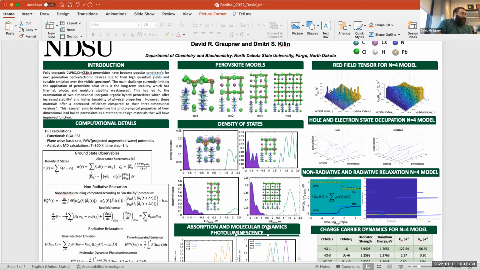As for the red field tensor and the occupation, I basically included them on this poster to include a good overview of what we do as a group, because this was for Visitation Day. If I could fit them, they'd be nice, but I don't know if I realistically could fit those on here.